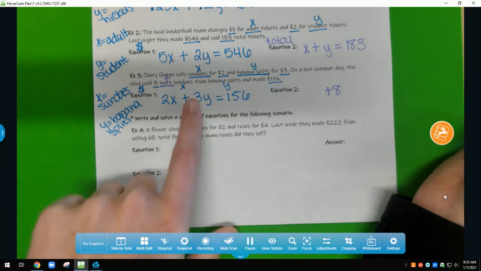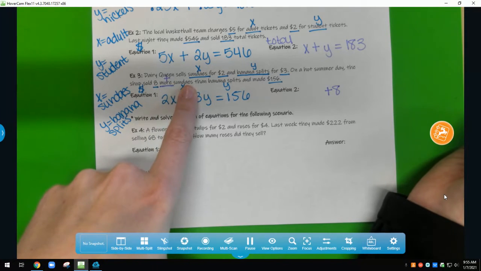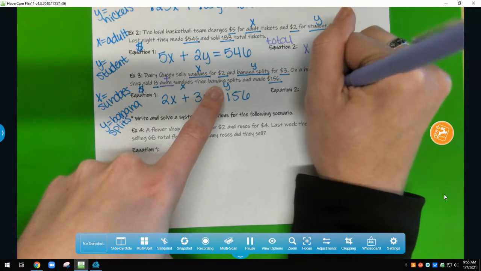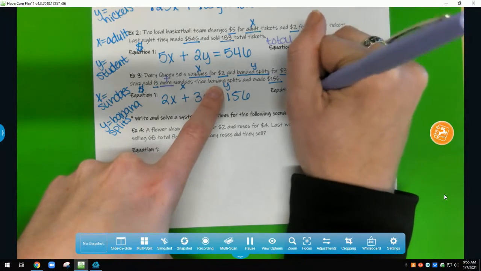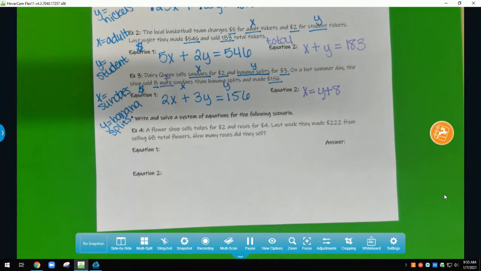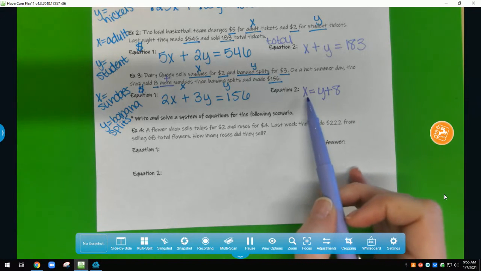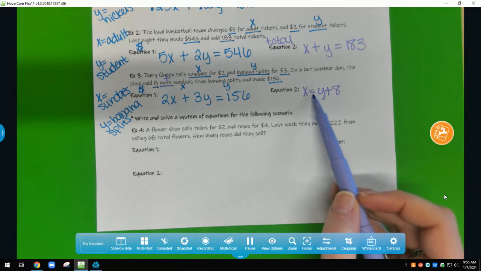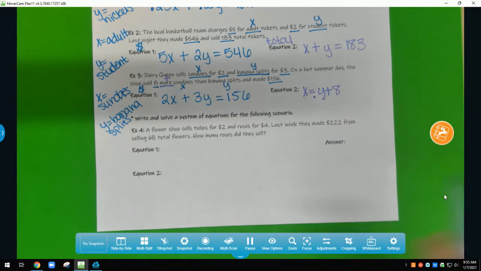We know that there were 8 more sundaes sold than banana splits. So I need to take the banana splits and add 8 to get the number of sundaes. So my equation would be x equals y plus 8, or the sundaes equal the banana splits plus 8.